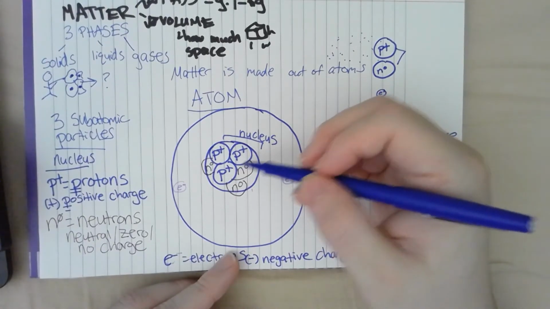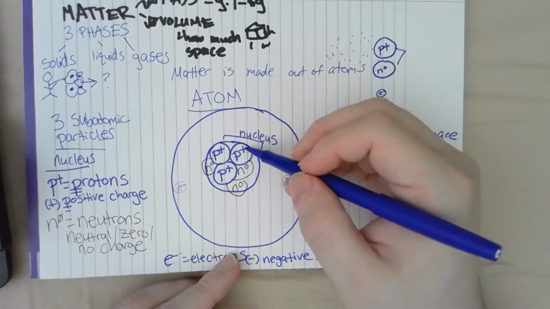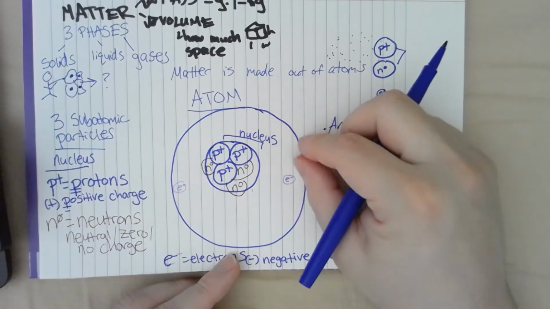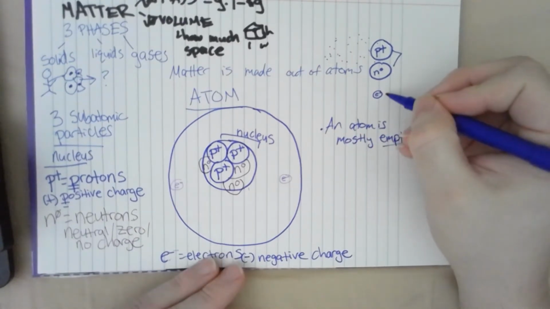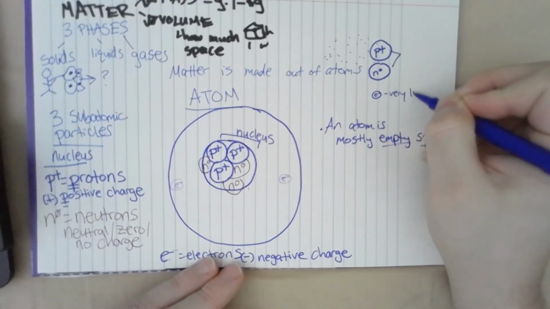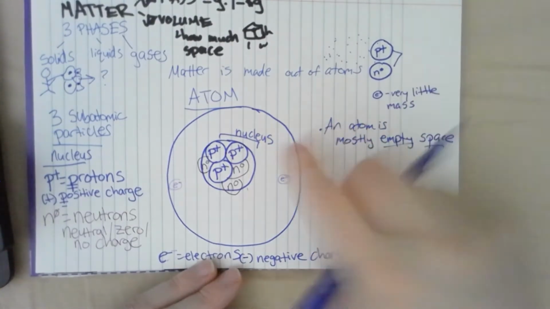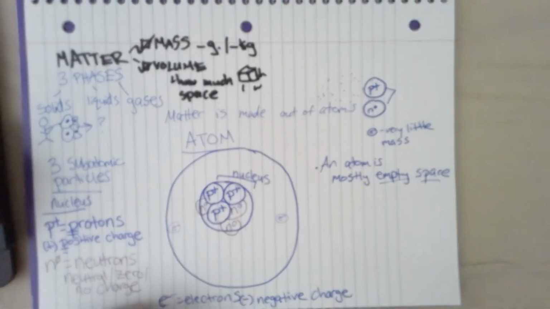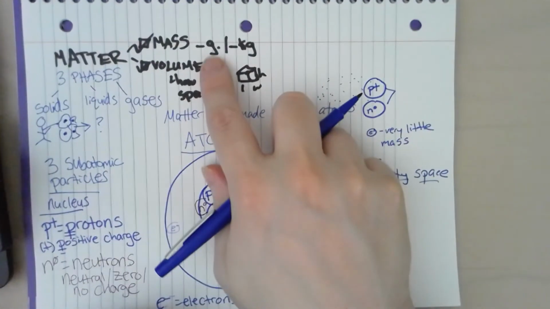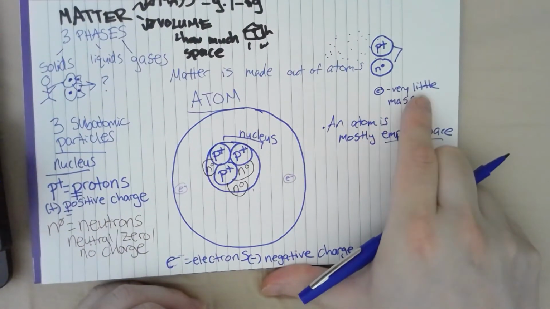Most of the mass of an atom is protons and neutrons. Electrons are very, very small. So electrons have very little mass. Remember, mass is like saying something has 10 kilograms or 5 grams, right? So, electrons have very little mass.